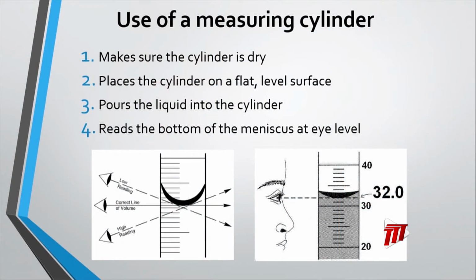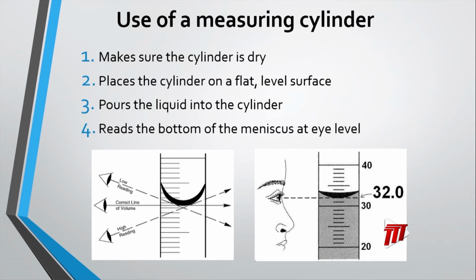If you notice, we have numbers in between. So we have 20, and we look at the markings. That means the divisions will tell us what each mark will be. So if this is 20, this will be 21, 22, 23, 24, 25, 26, 27, 28, 29, 30, 31, 32.